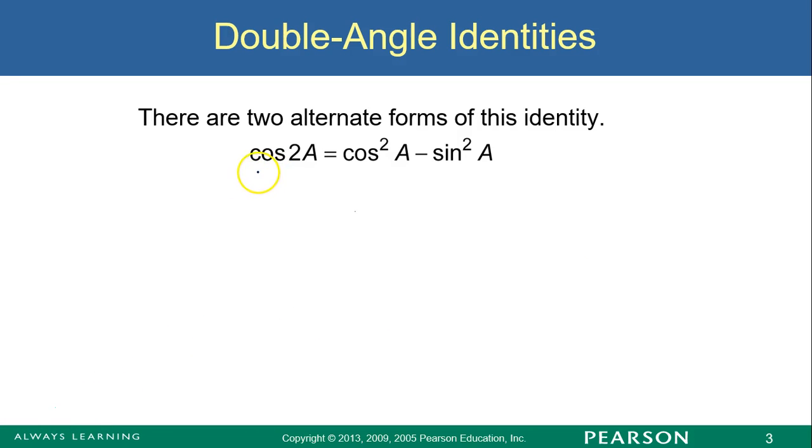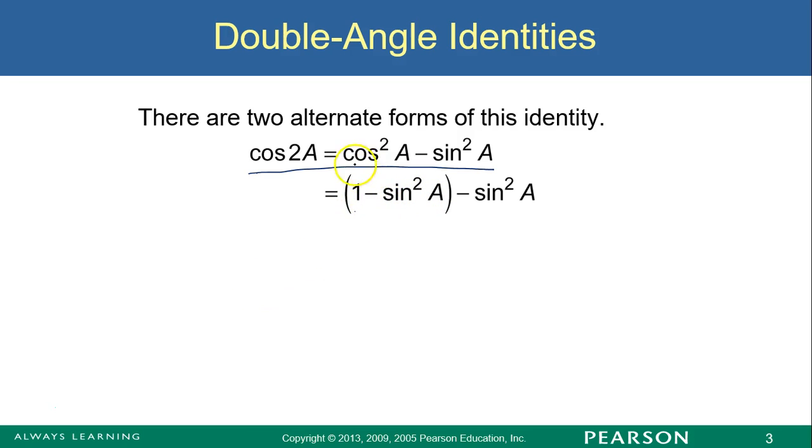So here I just have what was typed out on the previous page. This is one of our double angle identities for cosine. Now another one is if we replace cosine squared A with 1 minus sine squared A, which comes from the Pythagorean identity, we should know by now that cosine squared of an angle is equal to 1 minus sine squared of the same angle.